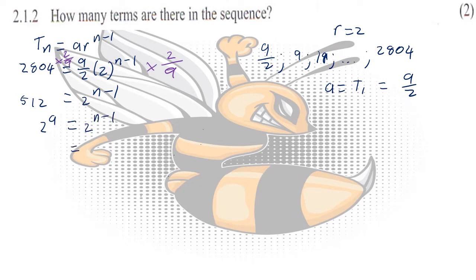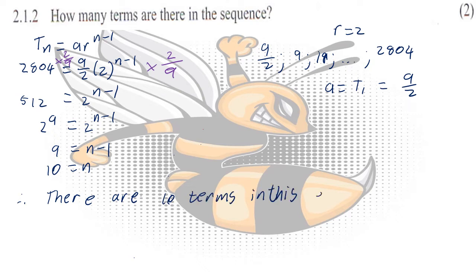So therefore now, since the bases are the same, we can equate the exponents. So 9 equals n minus 1, therefore n is equal to 10. So there are 10 terms in this sequence.